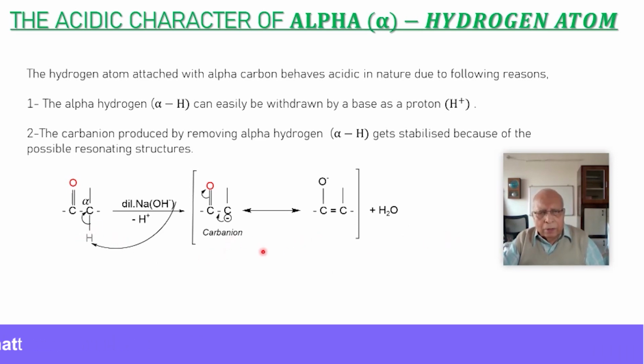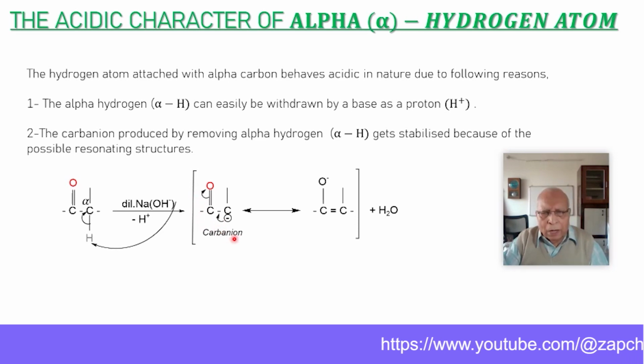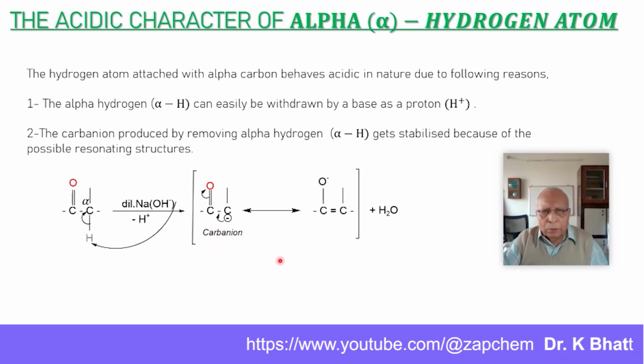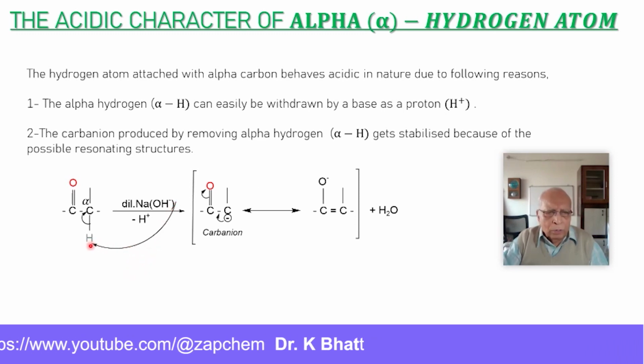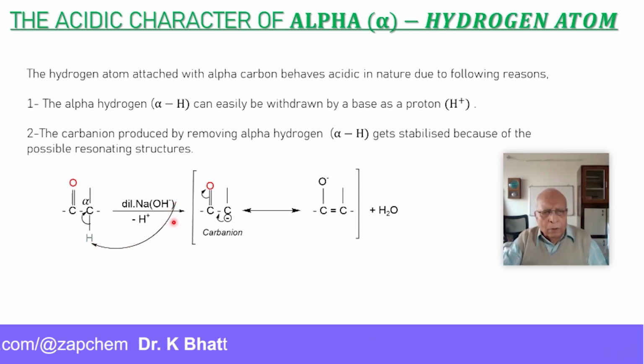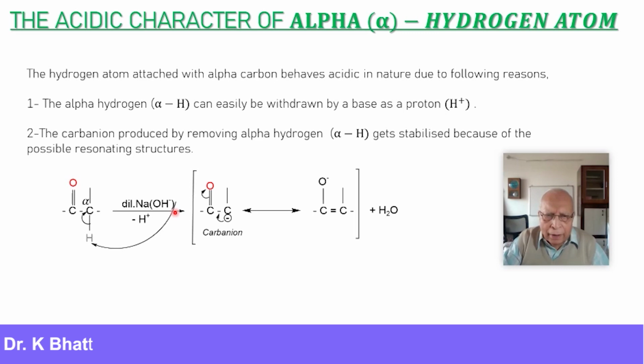These are the resonating structures providing oxygen with the negative ion. In this case, there is delocalization of the electrons, and a carbanion is produced. Since the hydrogen is available to the hydroxide ion, we call it acidic hydrogen.